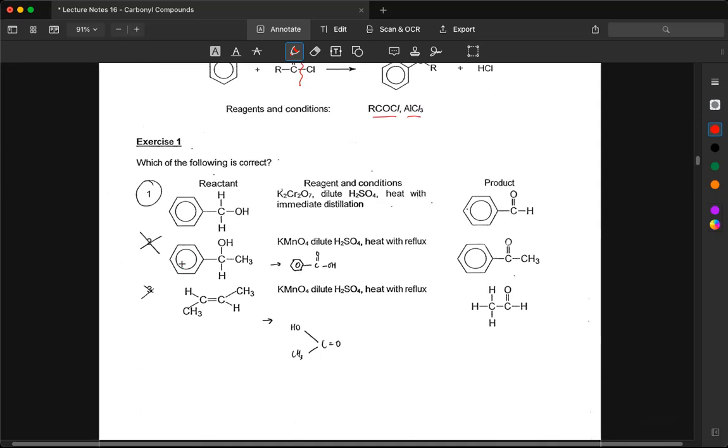Then this is not possible, because it will form a carboxylic acid instead. This part here will form a benzoic acid. It will not form a ketone.